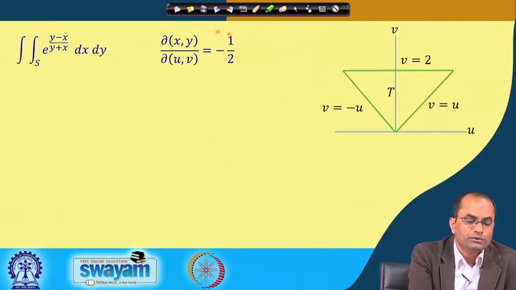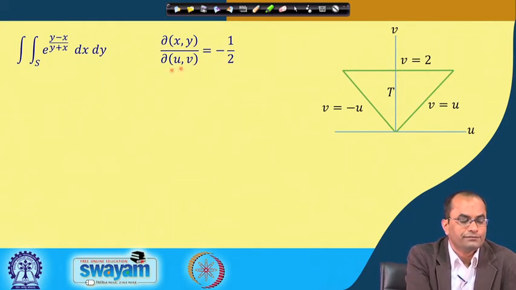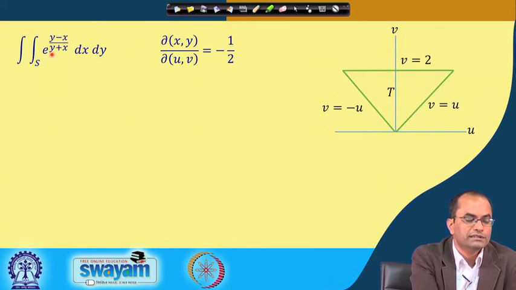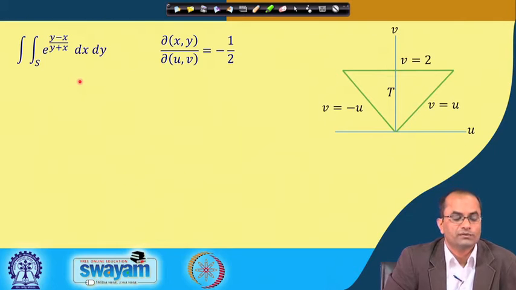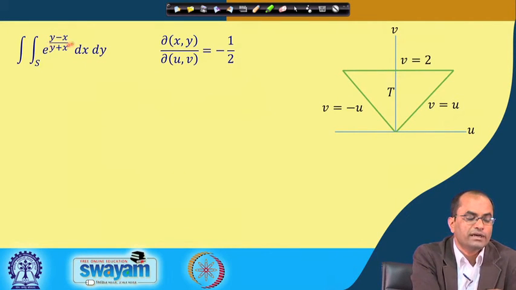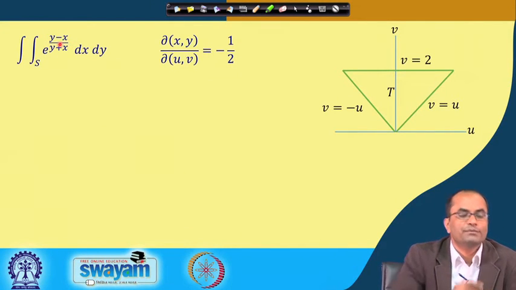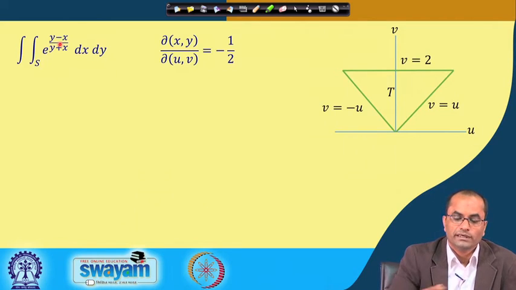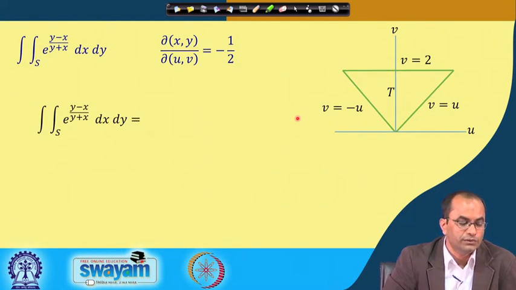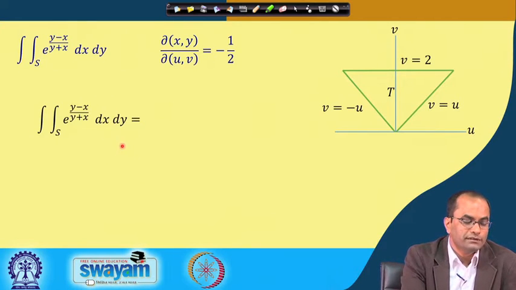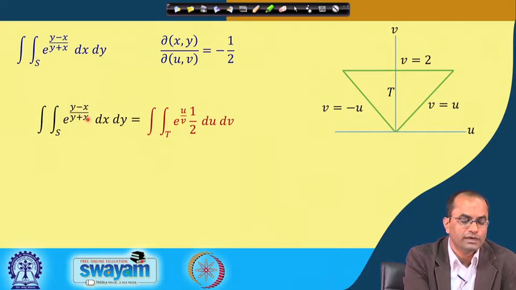So, remember the Jacobian was minus half, and we are going to compute this integral e power (y minus x) over (y plus x) dx dy, and our substitution was y minus x is u and y plus x is v, and this is the new domain given in terms of v and u. So, we can now substitute the exponential power, this was u and this was v.